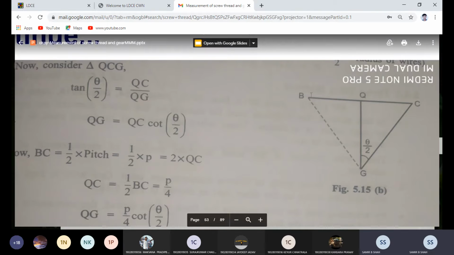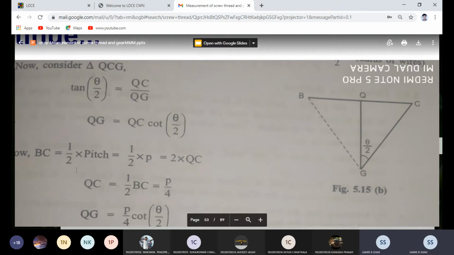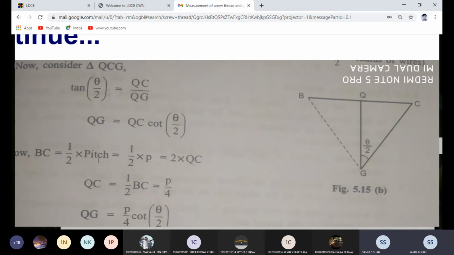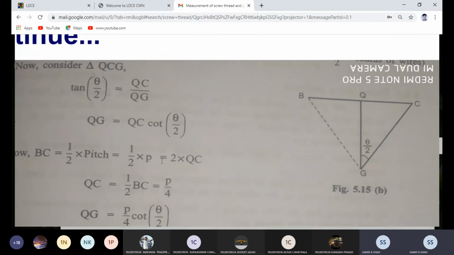Okay, now we have to find this base, the whole base. So BC is equal to 1/2 into pitch. We have to find the total BC, so we have to take half of the pitch. So 1/2 into P, and we say that it is twice QC.